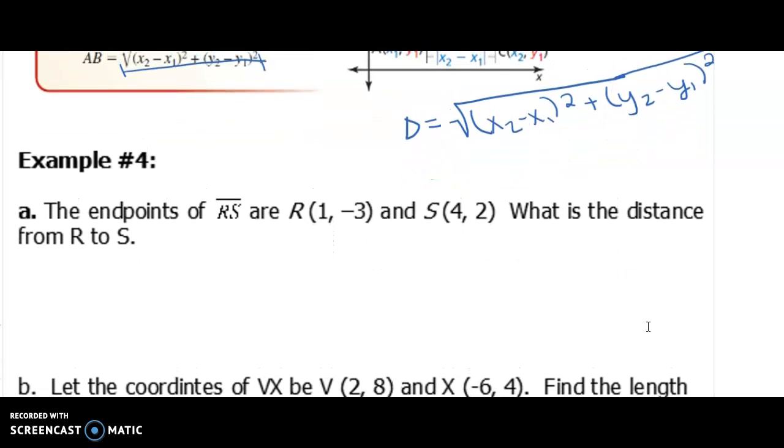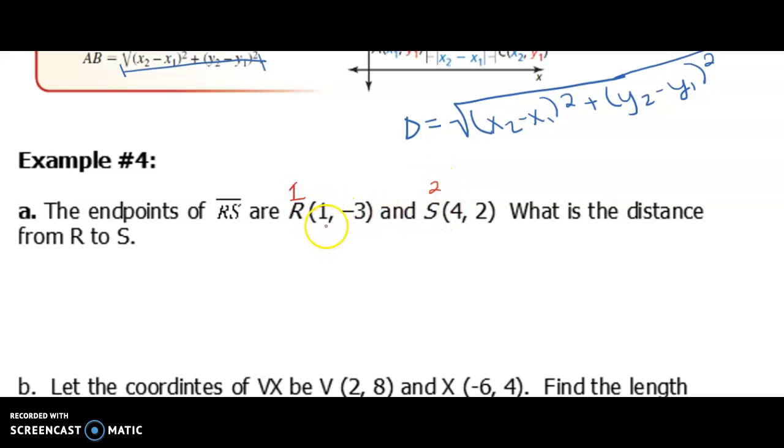So let's look here. It says the endpoints of RS are R(1, -3) and S(4, 2). So just like the midpoint formula, we're going to designate point 1 and point 2, and it doesn't matter which is which. So let's make R point 1 and S point 2.